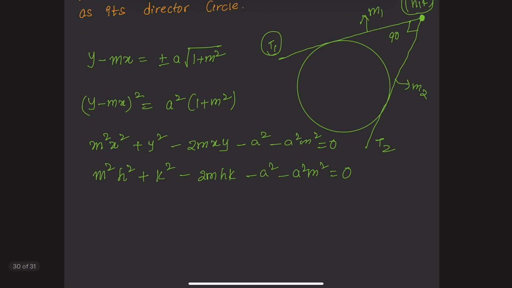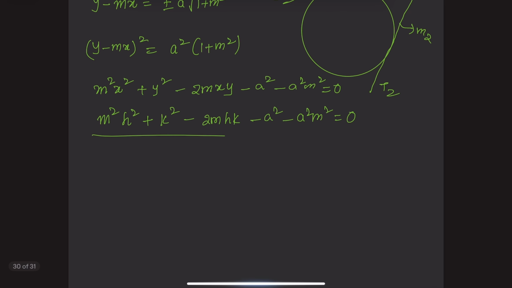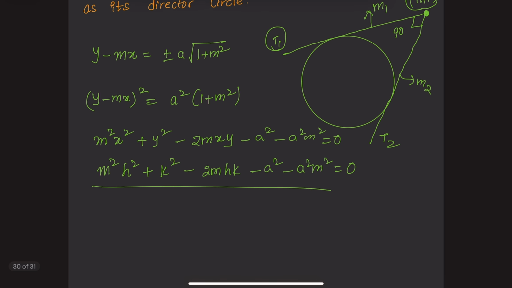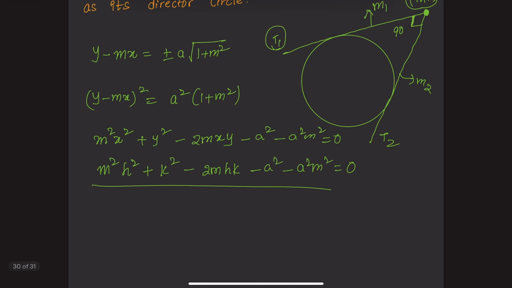Now if you carefully observe, this is a quadratic in m, and since it is given that the angle between the tangents is 90 degrees, we can write m1 m2 is equal to minus 1. So this quadratic equation will have roots m1 and m2.